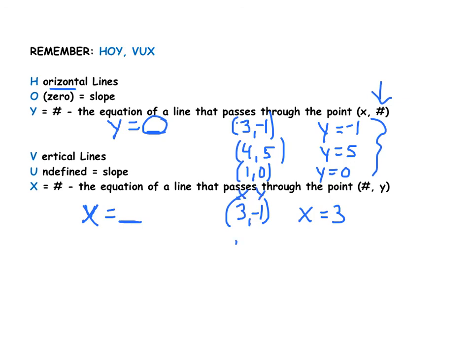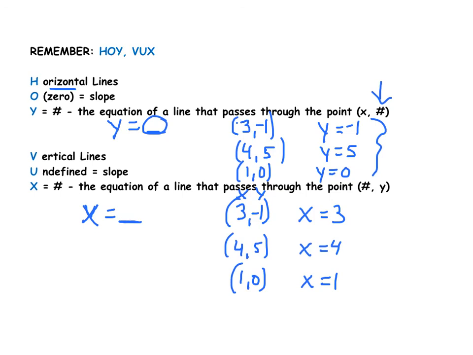Same with this one, 4, 5. If I say write an equation of a vertical line that goes through that point, you'd say x equals 4. On the last one, 1, 0, give me an equation of a vertical line that goes through that point. It'd be x equals 1.